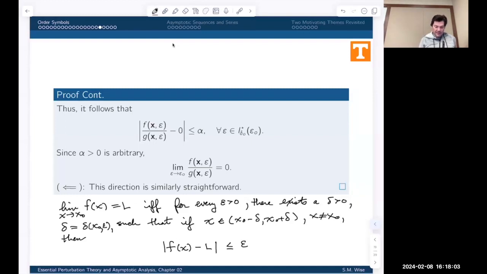And if x is in this interval, then that has to be satisfied for me to be able to say that I have a limit. Now up above, I'm not using epsilon, I'm using alpha. I am using delta, actually delta naught. So I've switched around the notations here and there, but that's basically what I'm doing.